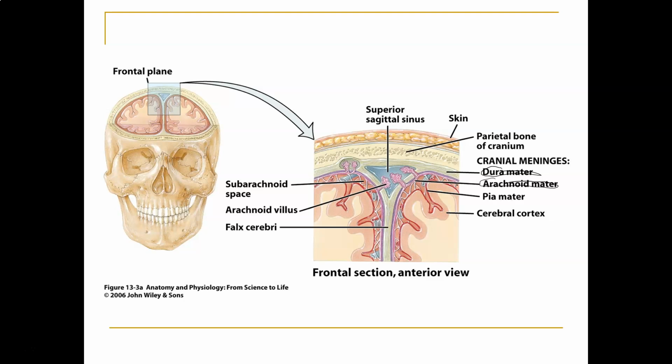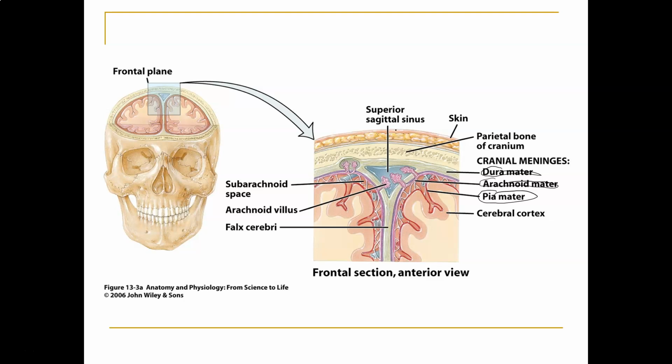There's cerebrospinal fluid in there, just like there is in the ventricles, and then the red line is the pia mater. So those are the meninges. And this cerebrospinal fluid out here helps protect your brain. It acts like a shock absorber, because it's actually surrounding your brain.